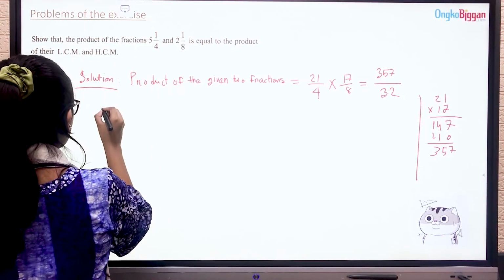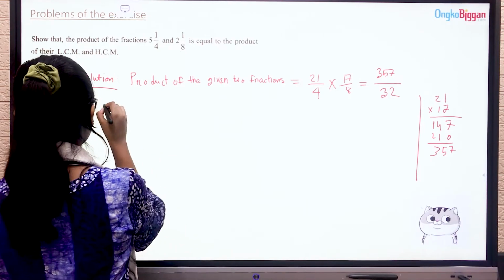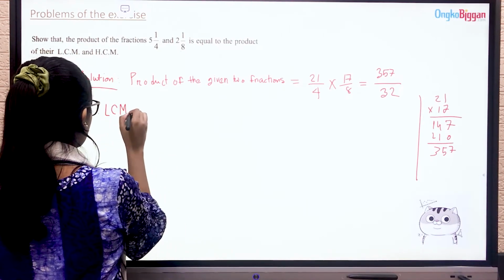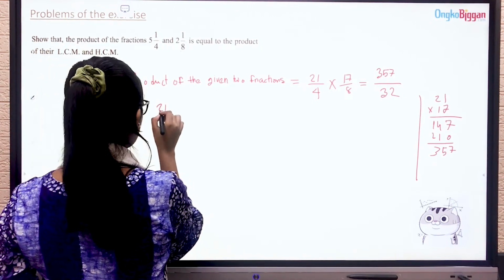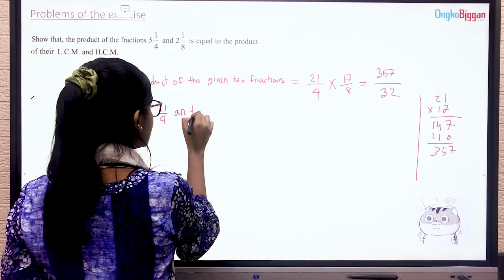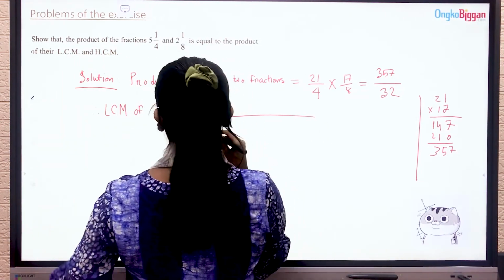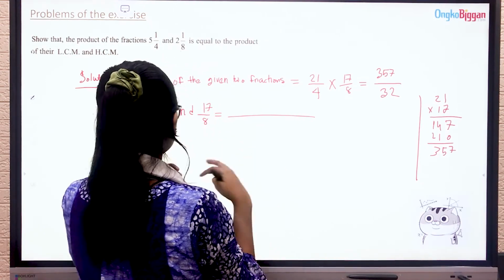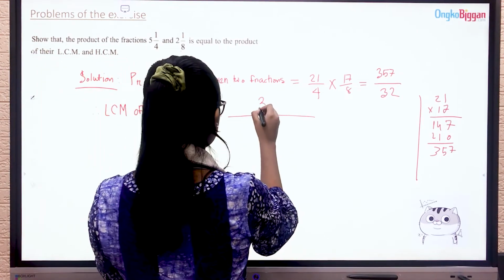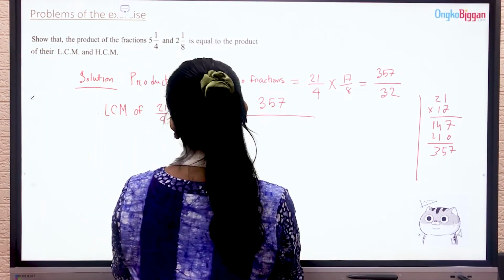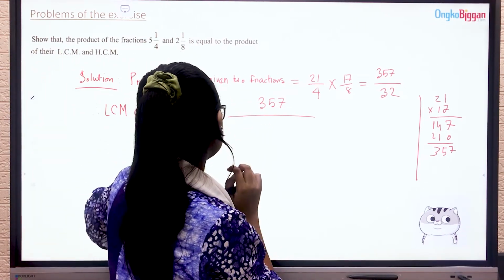Okay. And now we are going to find out the LCM of these two fractions. So LCM of 21 by 4 and 17 by 8 equal to, okay, so LCM of 21 and 17 will be just their multiplication because they have no common factor. So it will be 357, and we know for finding out the LCM of a fraction we need to do the LCM of the numerator and HCF of the denominator.